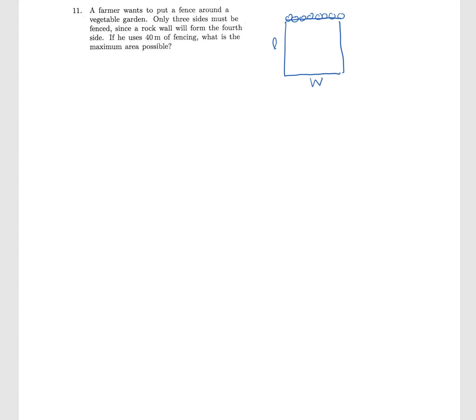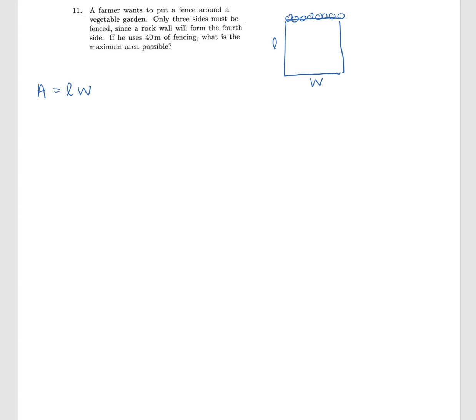And some things we know from our question and from what we know about rectangles is that the area of this rectangular plot is going to be equal to the length times the width.